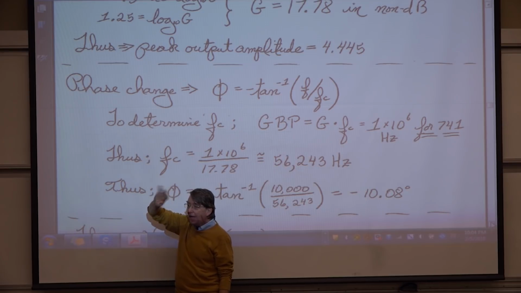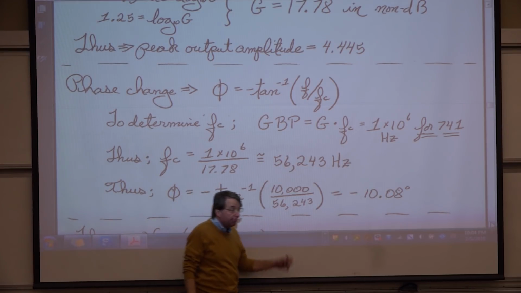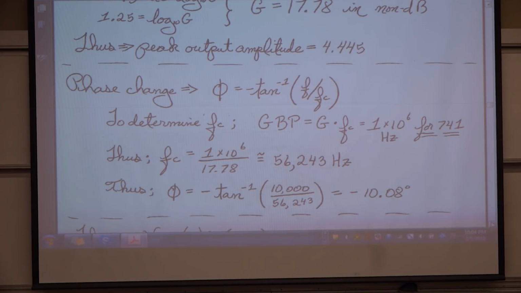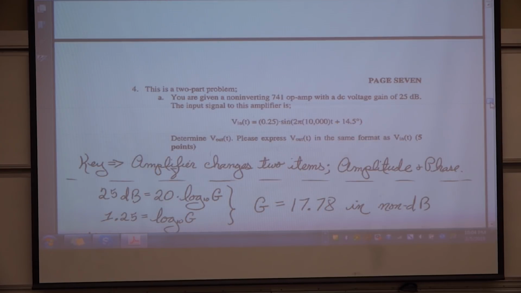So the output phase in this case is not minus 10.08. The phase change is minus 10.08. Now just to highlight that, what was the input phase angle? 14.5 degrees. Everyone see that? The input phase is 14.5 degrees.